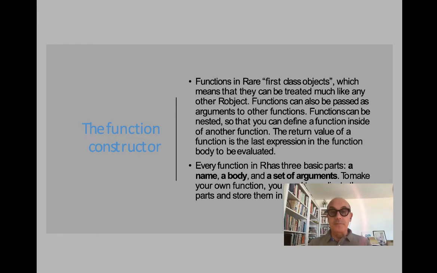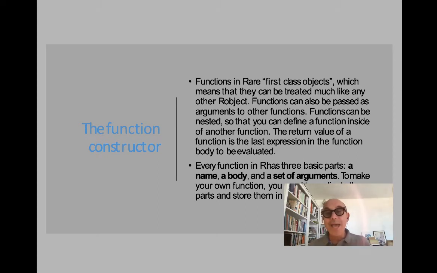So the function construct is a rare first-class object, which means that it can be treated like any other object. Functions also can be passed as arguments to other functions. As I said, this is uncommon in common programming languages. So functions can be nested, and you can define a function inside another function.